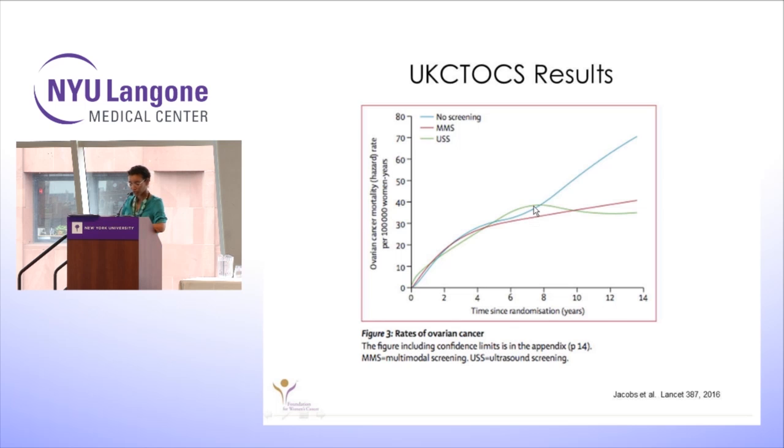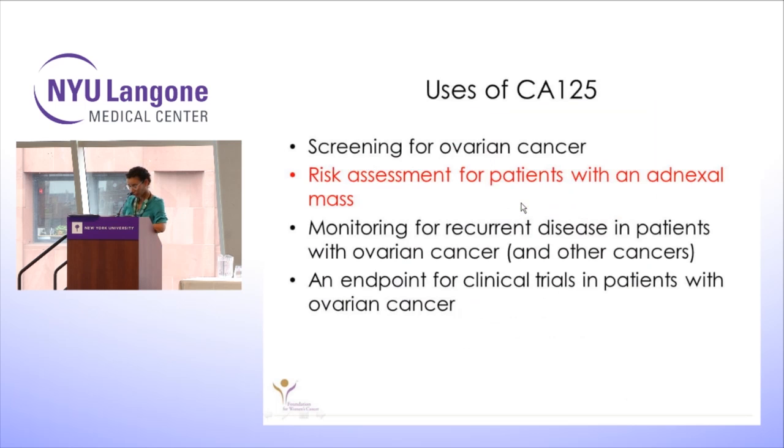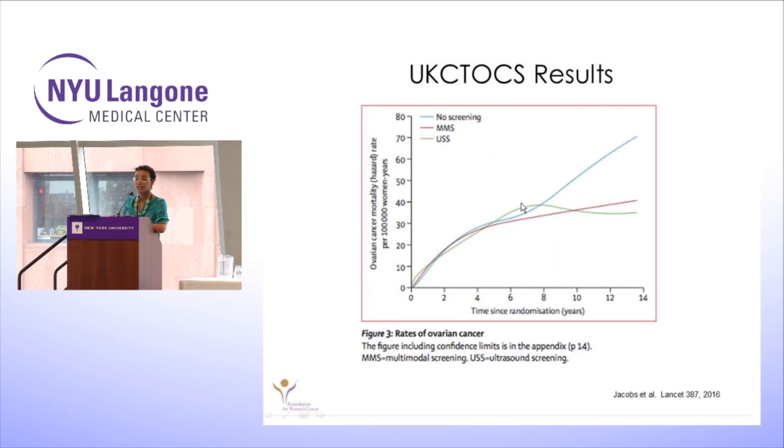And what the researchers think happened is that when they started this trial, there were a group of women who probably already had ovarian cancer, and they got randomized into screening or no screening. And if they already had cancer, well, the screening was not going to help them. It was too late for that small group of women.